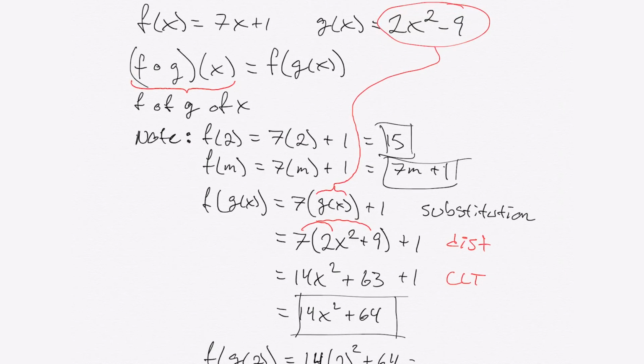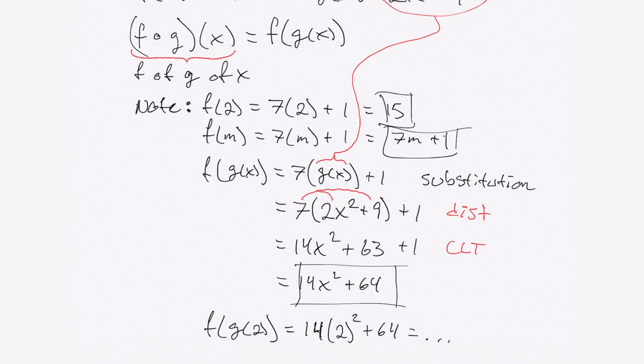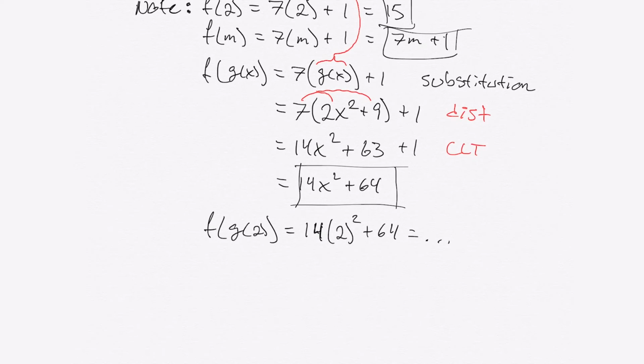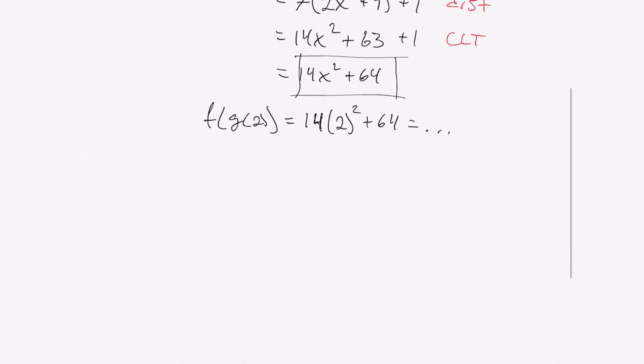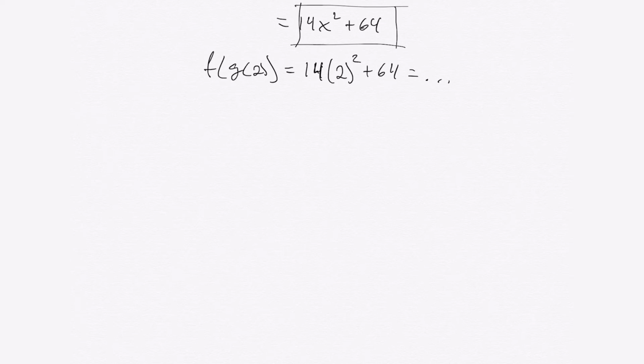So we don't have any domain restrictions there. So at least initially in talking about domain restrictions in composite functions, no worries on that one. Let's, however, look at one other example of a composite function where we should be paying attention to domain restrictions.